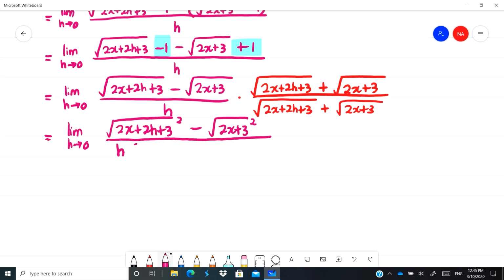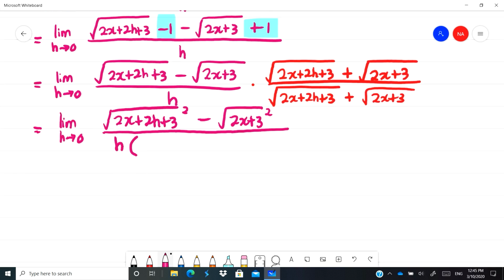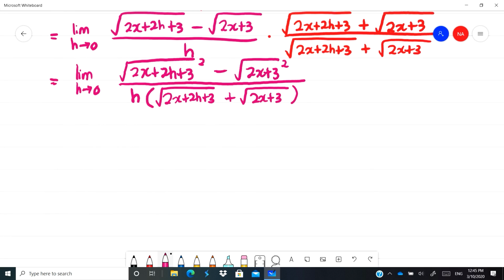Do not expand the denominator, so just write square root of 2x plus 2h plus 3. I really hate this part because it is quite tedious, but you must have a lot of exercises to master it.